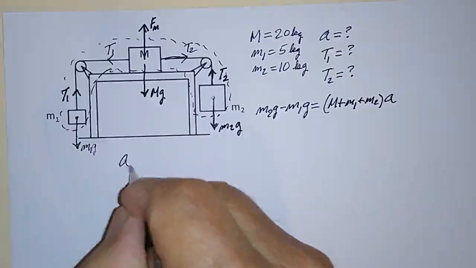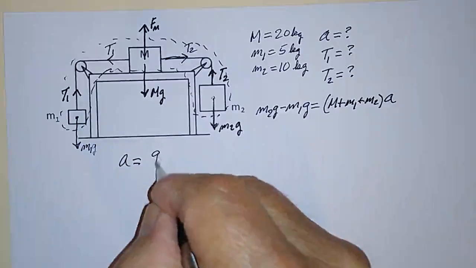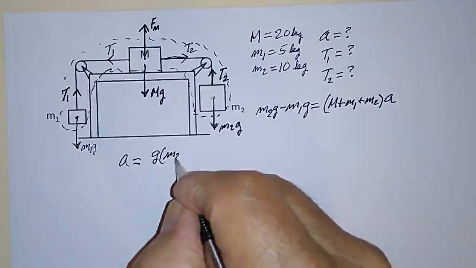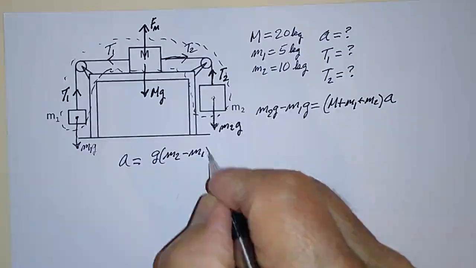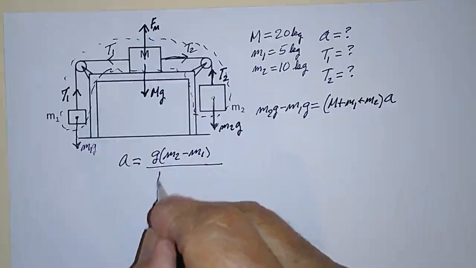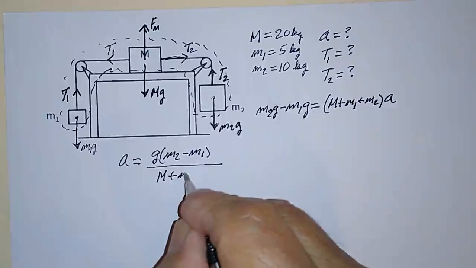And so a is equal to g times (m2 minus m1) divided by the sum of the masses.